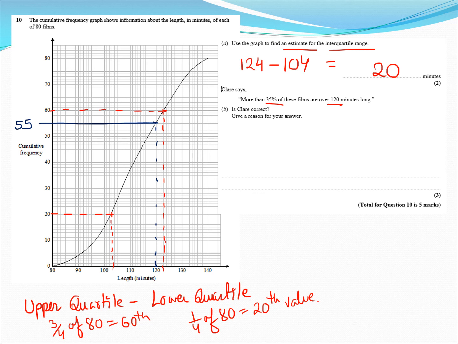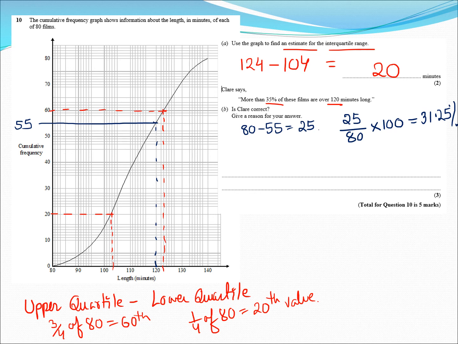So let's see. We're checking 25 over 80, and we convert it into a percentage, see what we get. I get 31.25%. Claire is saying more than 35% of these films are over 120 minutes long.